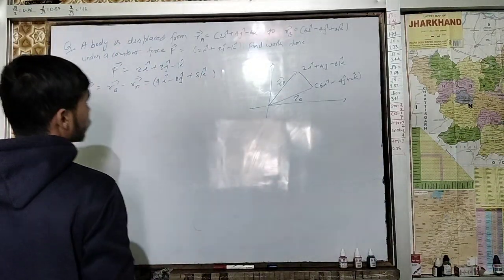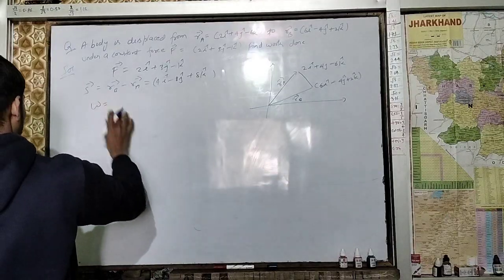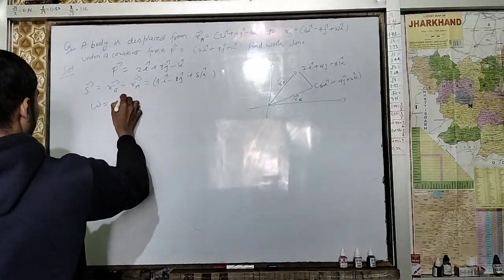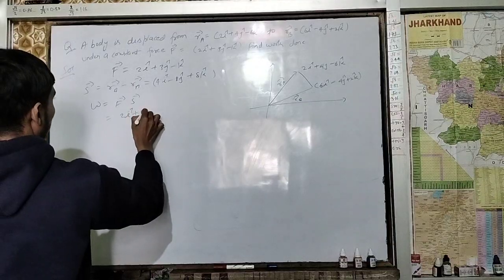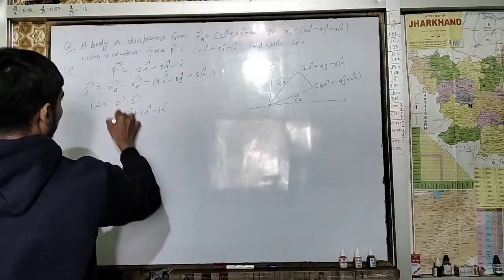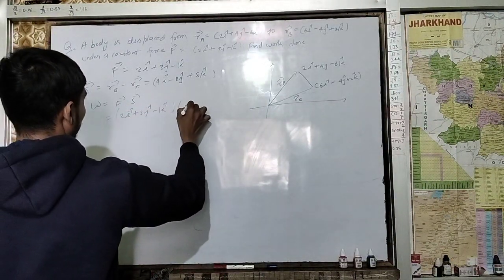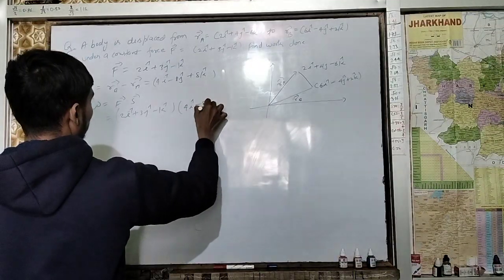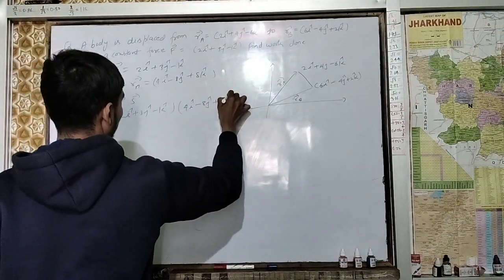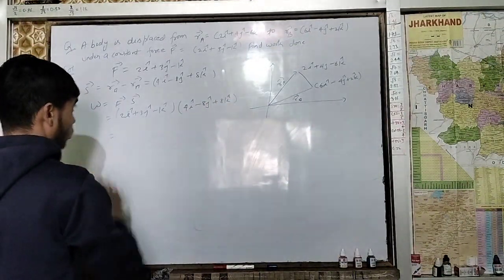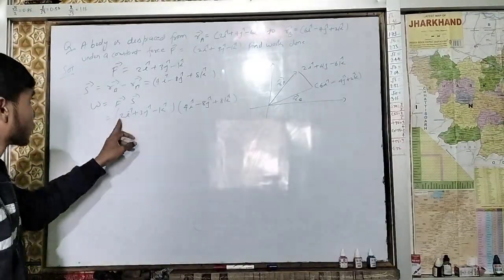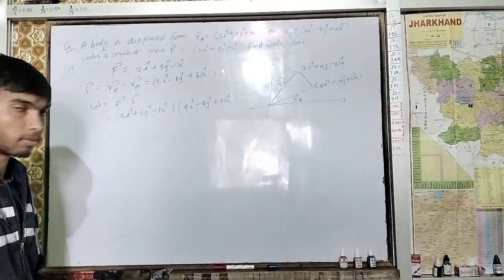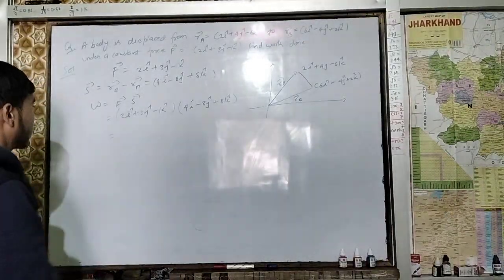Work done by the force will be F dot S. F is 2i cap plus 3j cap minus k cap. S is 4i cap minus 8j cap plus 8k cap. When it comes to a scalar product, you just multiply the same components. 2 times 4 is 8.